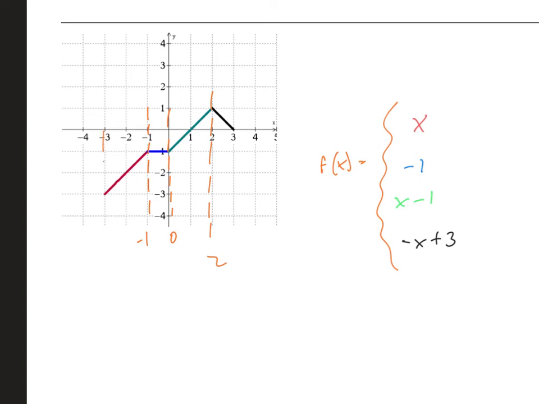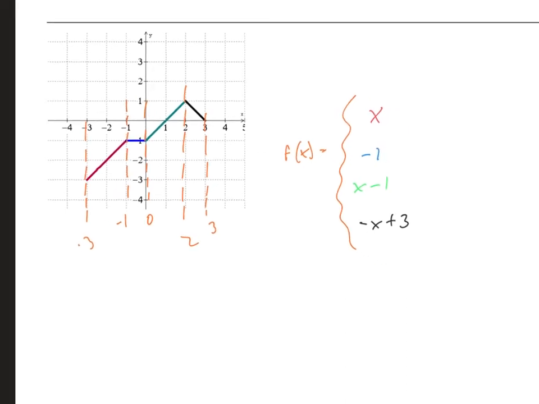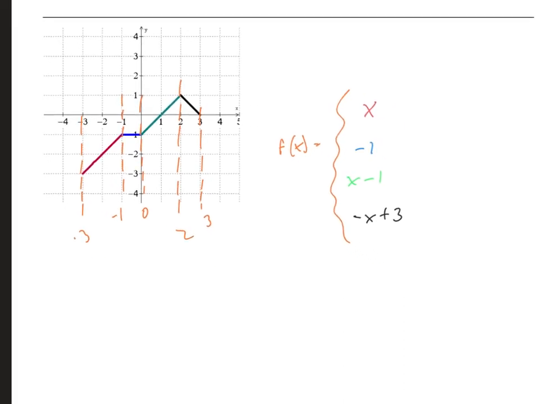And then the red one ends here at -3, and the black one ends here at 3. So I got all of these spots to deal with. So the red one's gonna start at -3, and it's going to end at -1. So it stops. I can't control this, but it's a closed circle there. Let's just make them both closed.